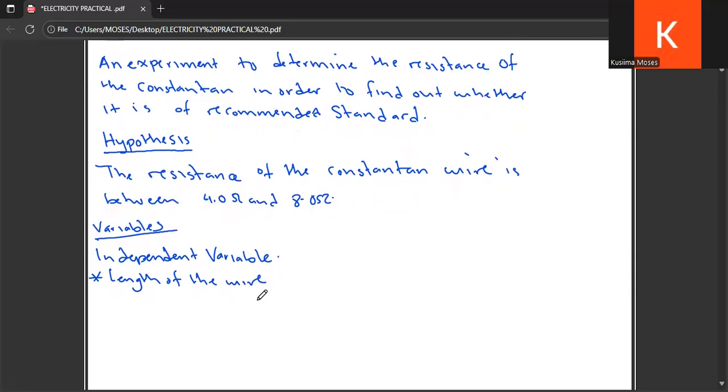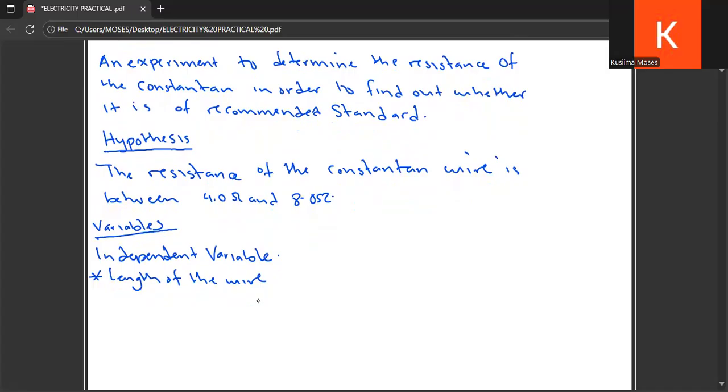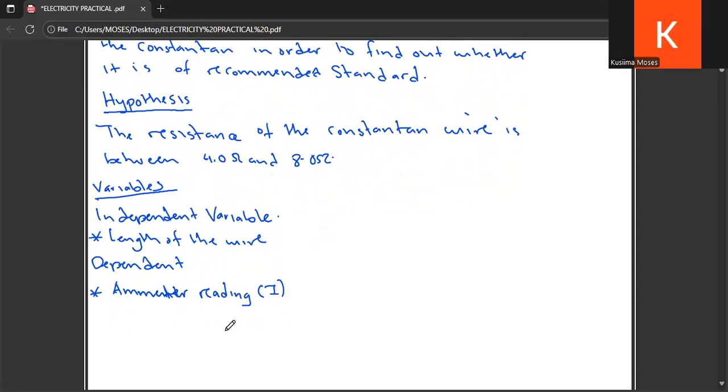That's going to be our independent variable. Now our dependent variable is going to be the ammeter reading, I. That is going to be our dependent variable, ammeter reading I.